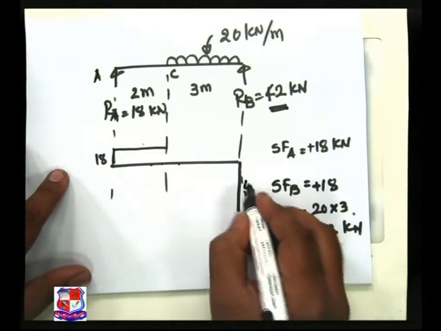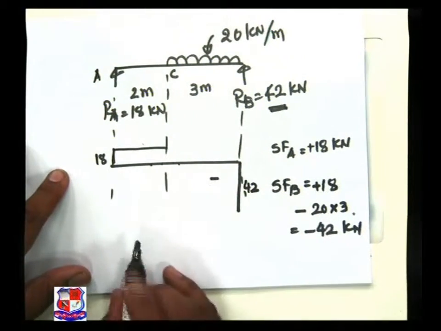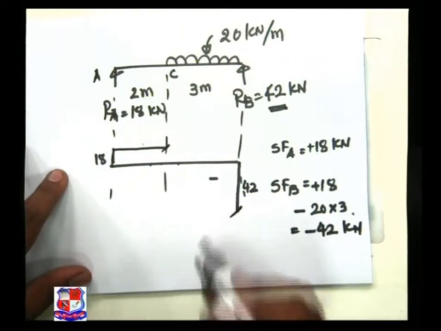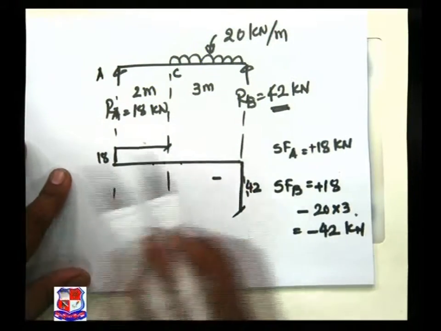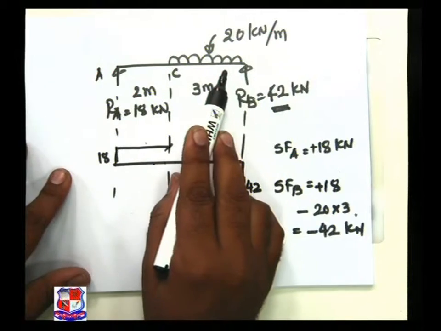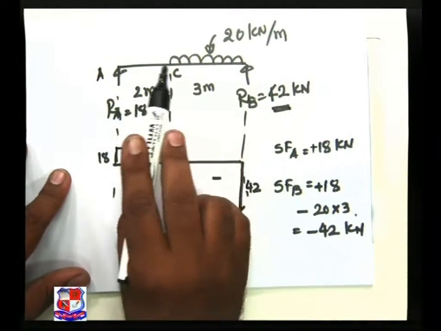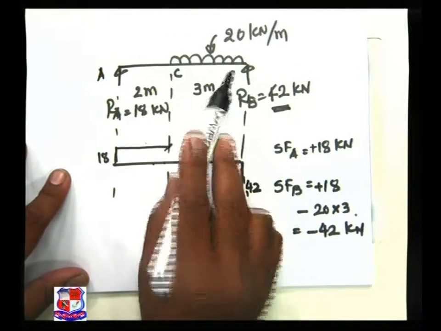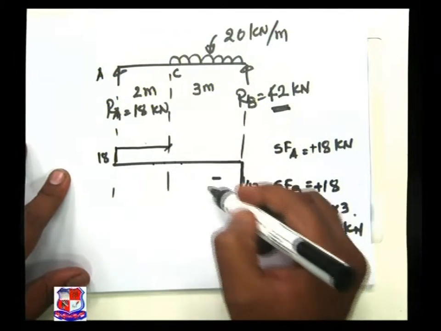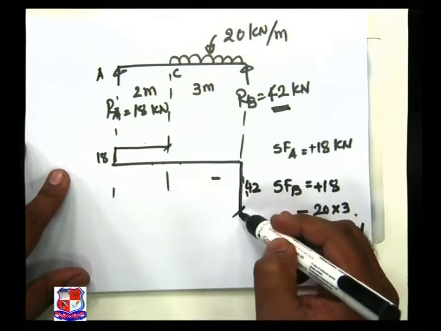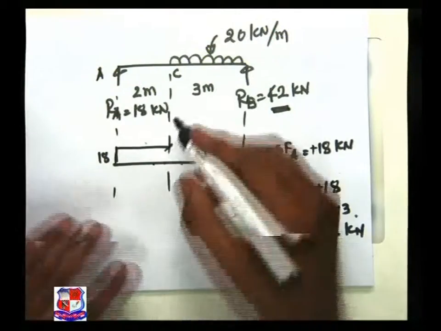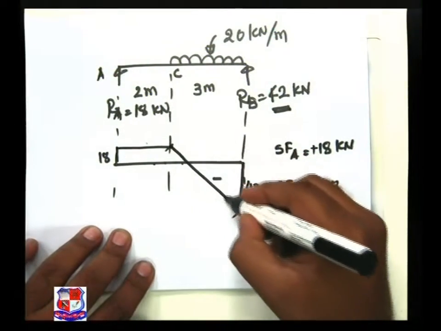So this is 42, negative sign. How to join this point and this point? As UDL is there, recall the rule. For UDL, the points are joined by an inclined straight line. Let's join this by an inclined straight line.